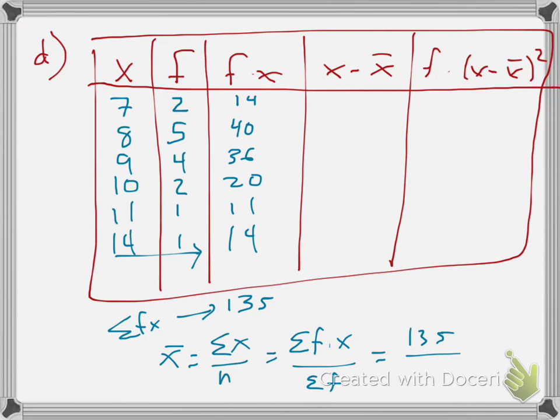Either way we did it, the sum is 135. We said there were 15, and if I divide 135 by 15, I get 9. So on average, there were 9 ducks at Round Pond.